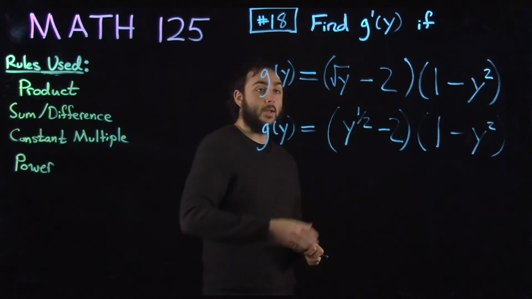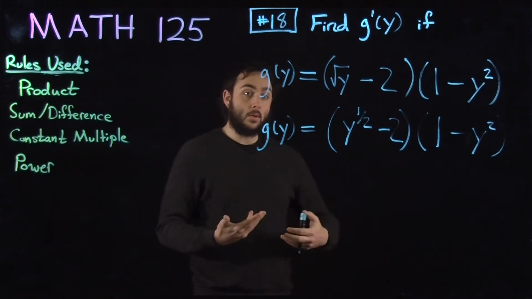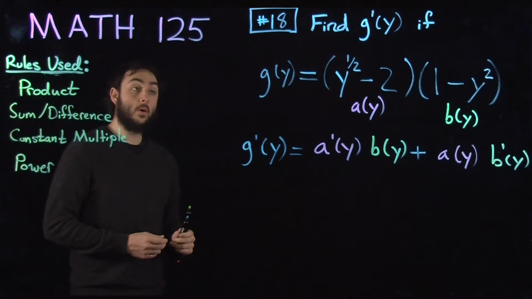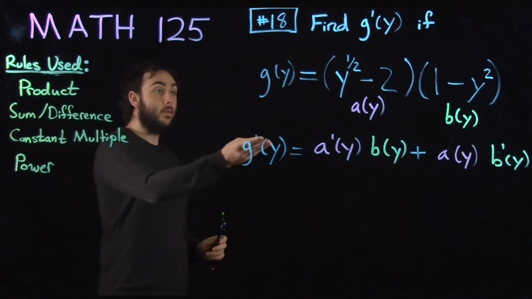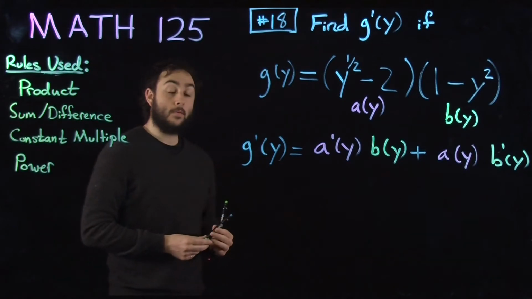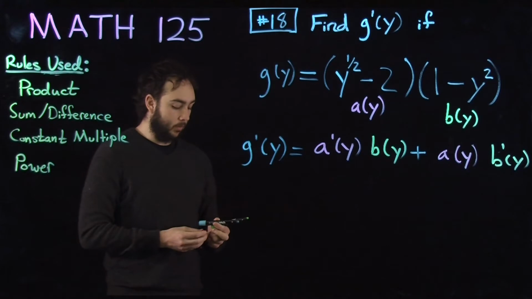So here this y to the 1/2, you can clearly see the exponent, and that will give us some indication about what to do. So what I've done so far is just rewrite the square root term as y to the 1/2, and I've identified the first factor as a of y, say, and the second one as b of y.